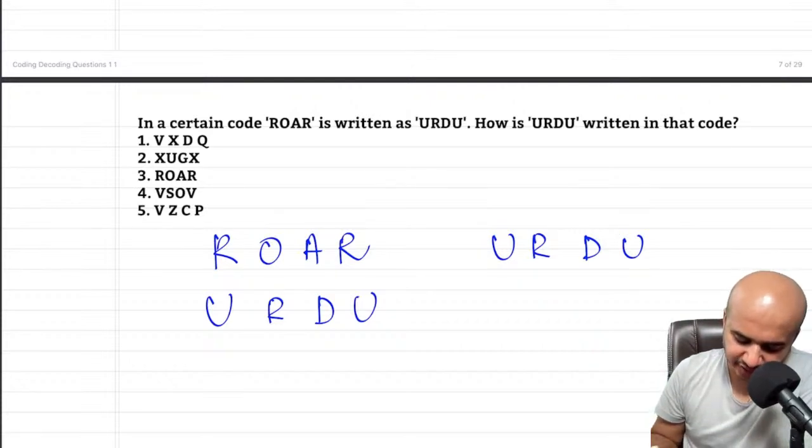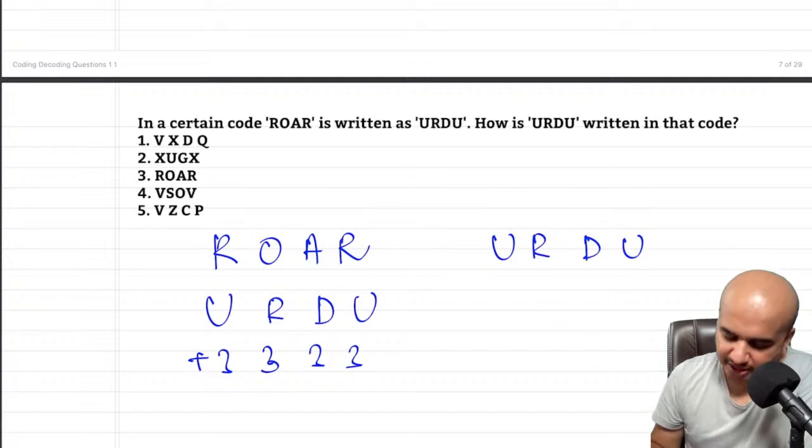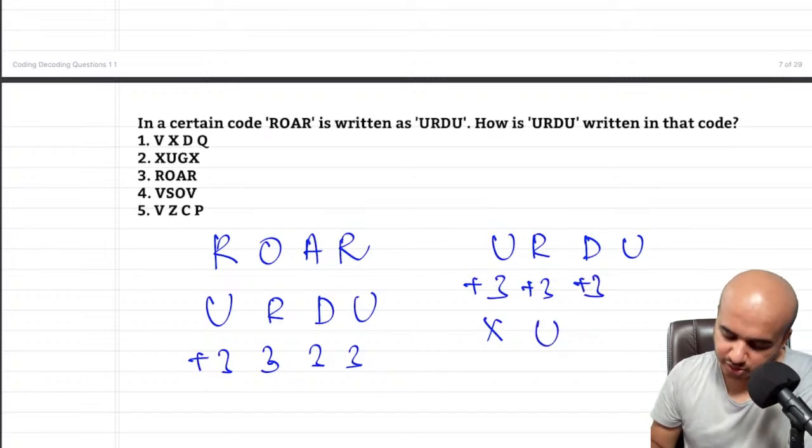Okay, all that they have done is add 3 in each of these cases. So if you add 3 to Urdu also, you'll get some other word. So plus 3 to U, VWX, plus 3 to R, STU, plus 3 to D, EFG, plus 3 to U, VWX. So this is in fact the right answer.